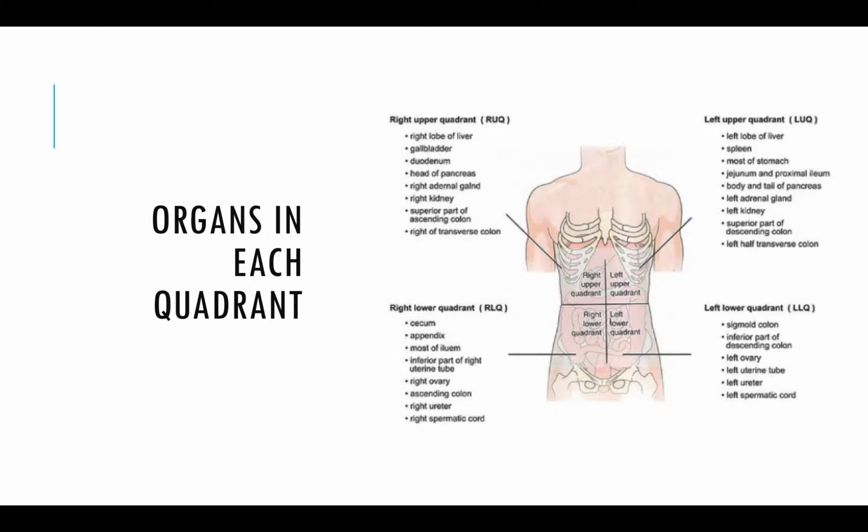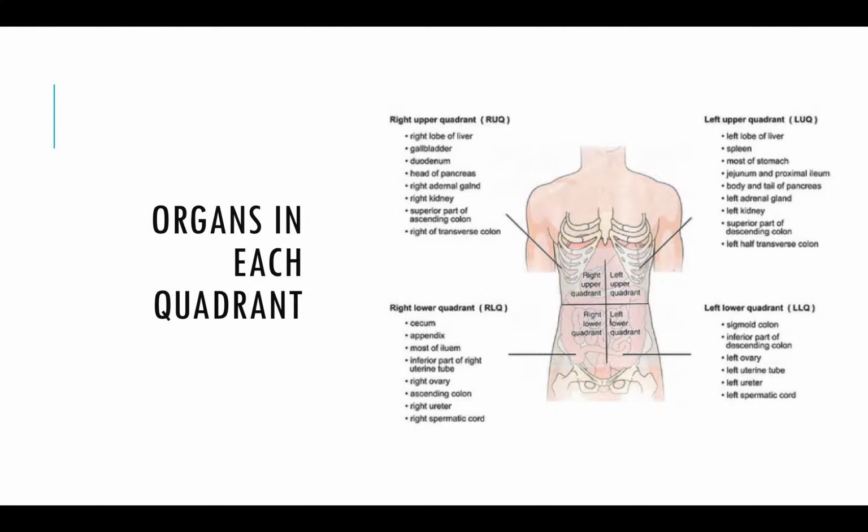The gallbladder is there, the duodenum, which is retroperitoneal, the head of the pancreas, the right adrenal gland, the right kidney, or at least the upper part of the right kidney, the superior part of the ascending colon, and the right transverse colon.